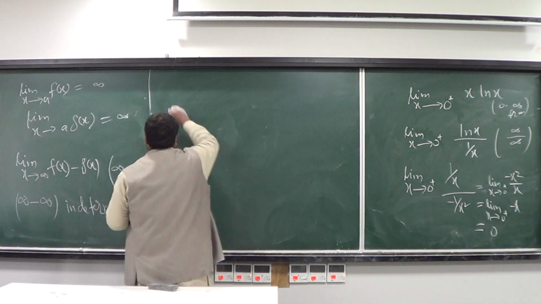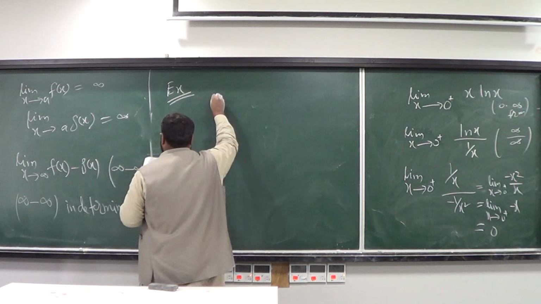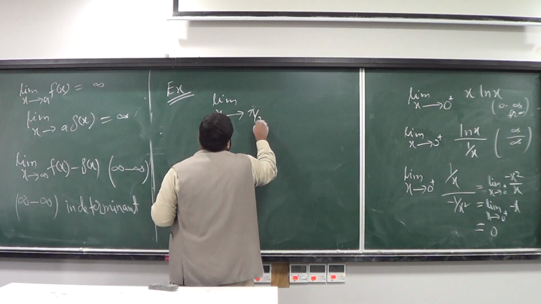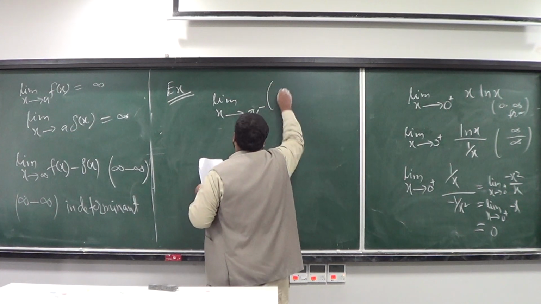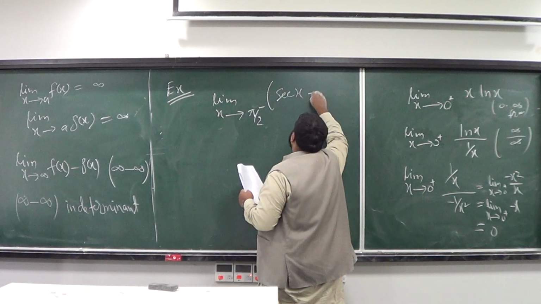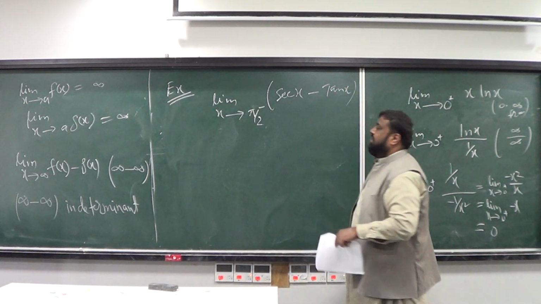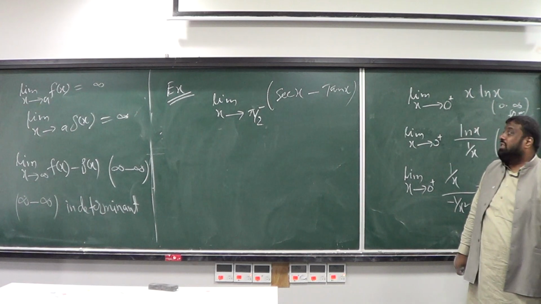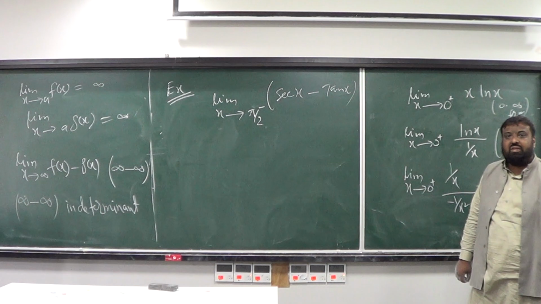An example in this case: imagine you want to compute limit x goes to pi by 2 from the left of secant x minus tangent x. Now what is secant pi by 2?